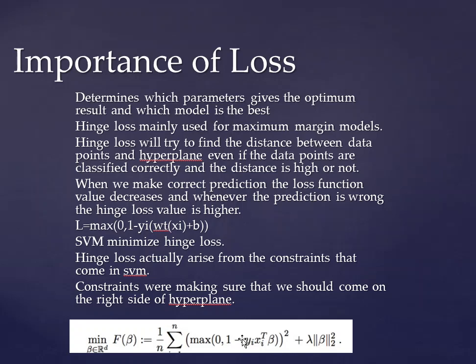So whenever there is a correct prediction, the value of loss is 0, that is the minimum value, and whenever there is a wrong prediction, the value of the loss function is 1 minus yi times xi transpose beta, that is, the hinge loss is higher.